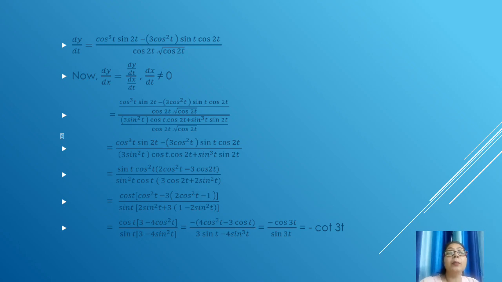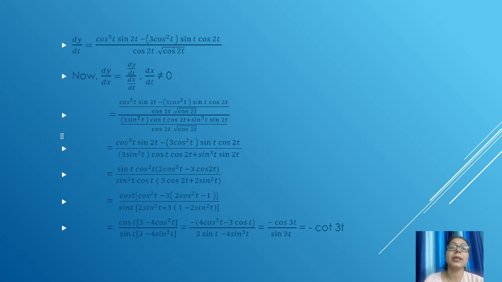Now before the bracket we have sin t cos²t and sin²t cos t. If we cancel, in the denominator there is sin t and in the numerator there is cos t. I will multiply this cos t inside the bracket and keep sin t in the denominator.